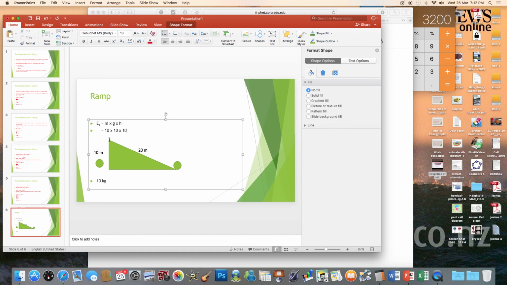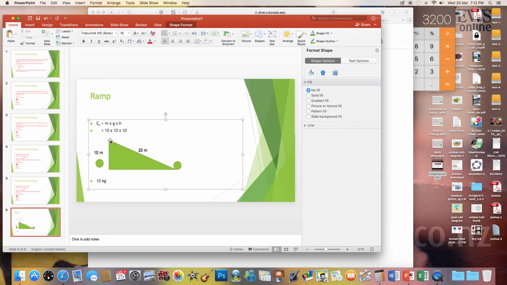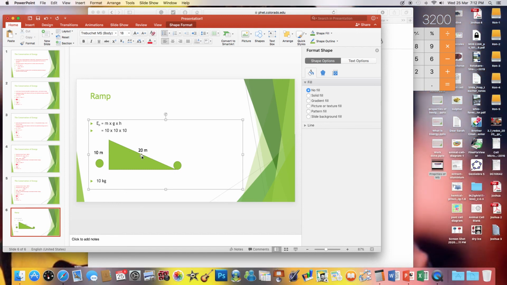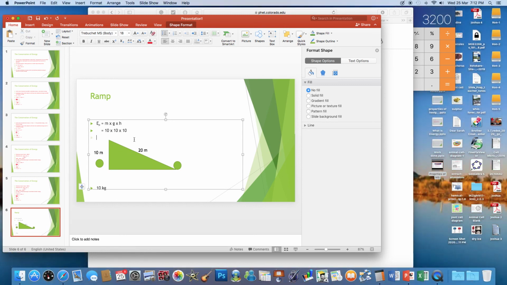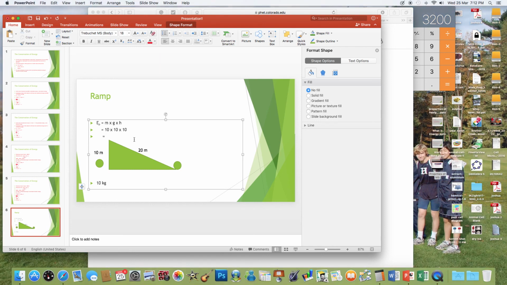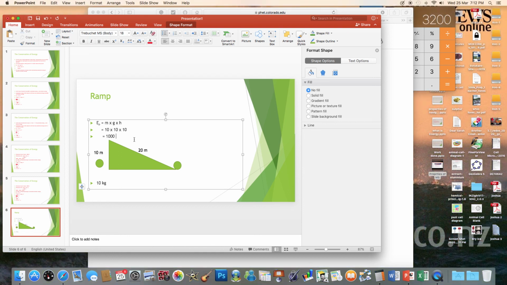And you shouldn't get confused about the gain in potential. The gain in potential energy has nothing to do with the length of that slope there. So it's equal to 1,000 joules of potential energy being gained here.